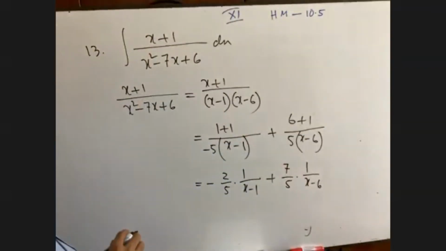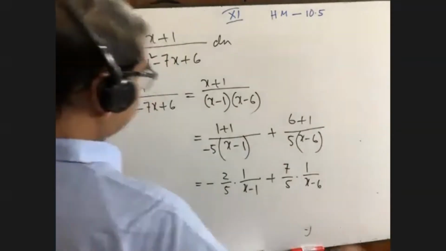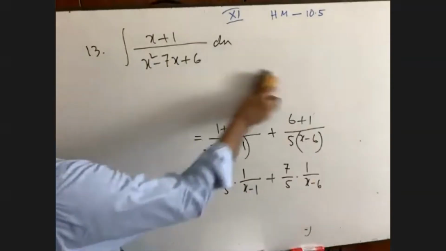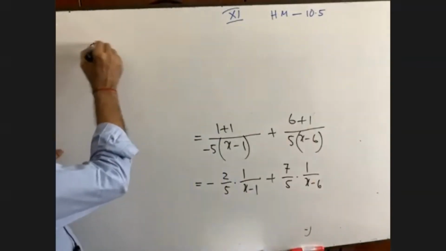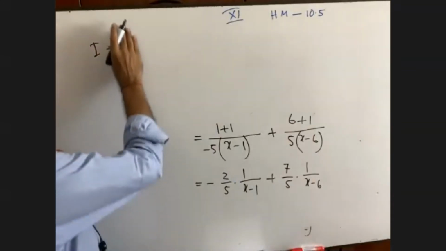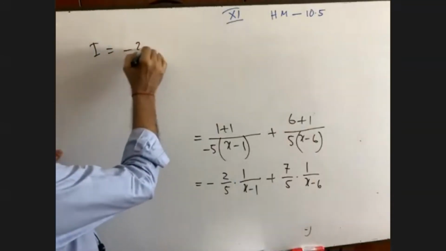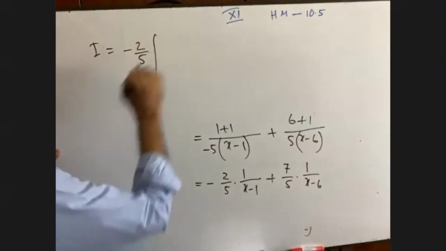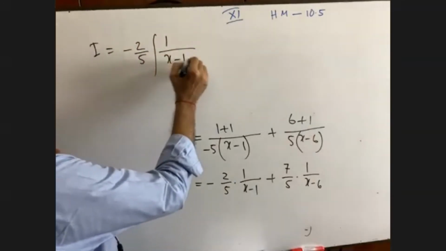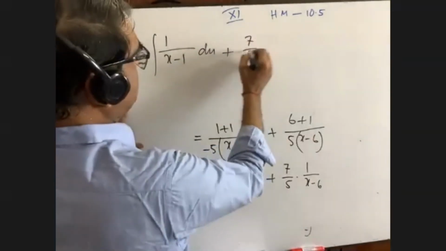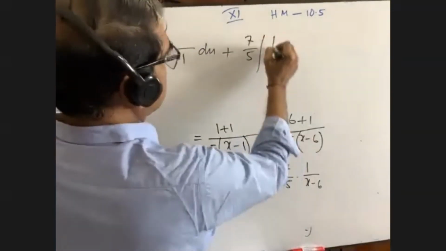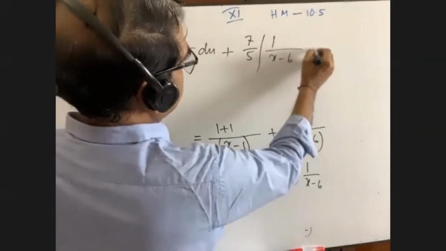Now I think you can do the rest, right? What will be its answer? So we can write I is equal to minus 2 by 5 integration of 1 by x minus 1 dx plus 7 by 5 integration of 1 by x minus 6 dx.